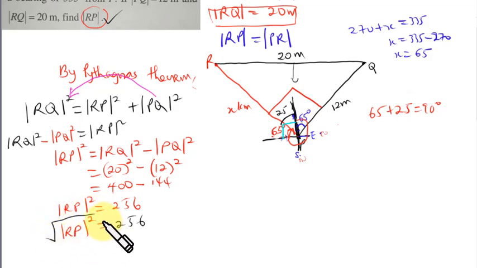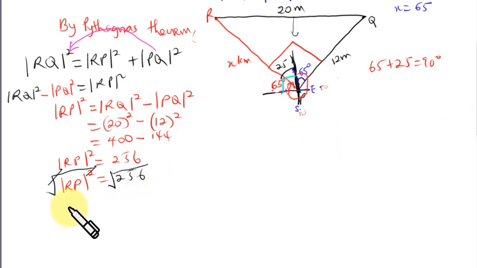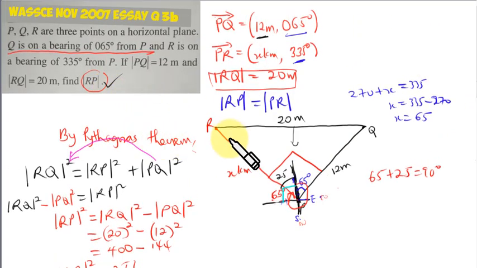And because there is an equation, whatever we do to the left side of the equation, we have to do the same thing to the right side of the equation. In other words, we take square root of the right side too. So this square root will cancel the squared, and this implies that we will have the magnitude or the length of RP to be equal to 16. And of course, we are measuring in meters, so we have 16 meters. So that is to say, the length RP is 16 meters.